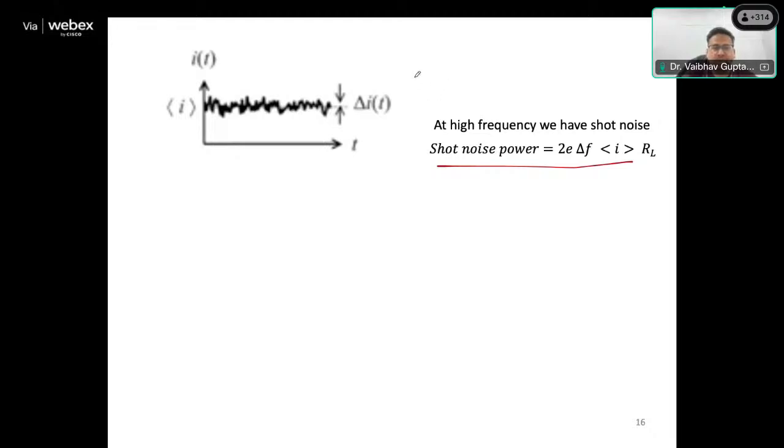So for example, this current which is random, right, and that is the average, this dotted line, this is the average. So what is happening is that you have this current which is not like this, but it is typically like this.